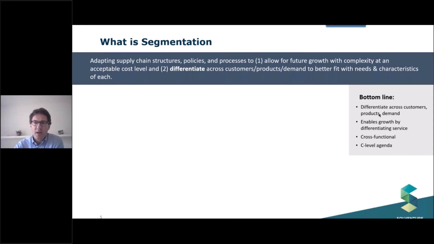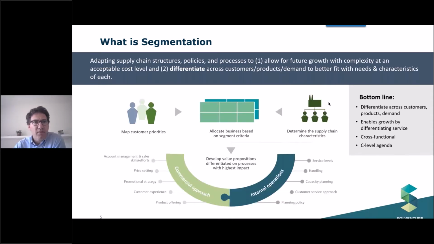Now, what do you do at a very high level? What you do is you map. When you start such a segmentation exercise, you have to understand the priorities and needs of your customers. On the other hand, you have your own supply chain and its characteristics. Bringing that together allows you to define segments, which is typically a combination of customers and products.